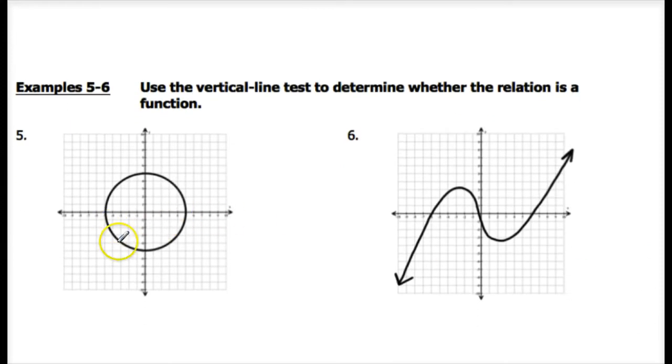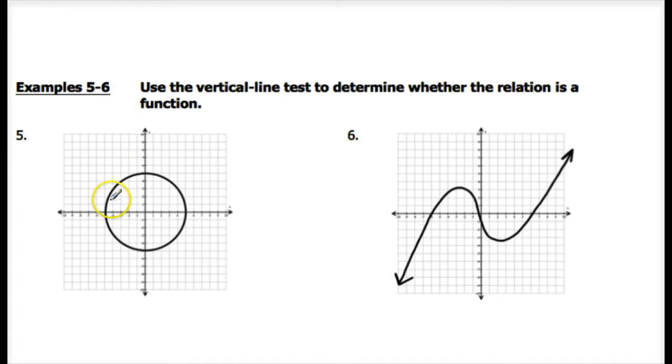Number 5, I've given you a graph of a relation. Again, a relation is just a set of ordered pairs. So this graph is just a bunch of ordered pairs interconnected to form a circle. Your job is to tell whether or not this relation is a function. Well, if I can draw just one vertical line anywhere on this coordinate plane, and it intersects my graph in more than one spot, that means that the relation is not a function.